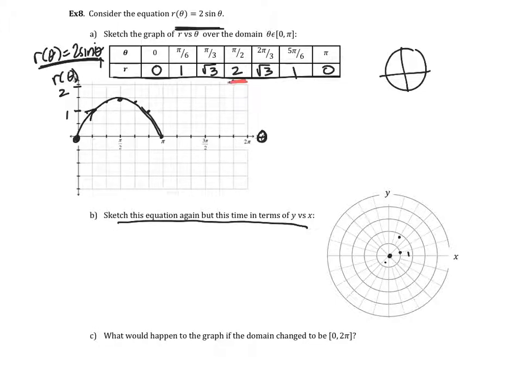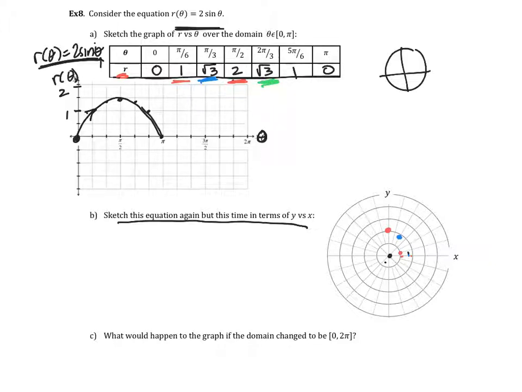Here I'm at a radius of 2, so I go out 1, 2, but I'm rotating pi over 2, so that point is here. Maybe I should have color coordinated. This was going out root 3, and then I'm rotating pi over 3. This one was going out 1, rotating pi over 6, so I keep going. So now I'm here at this one.